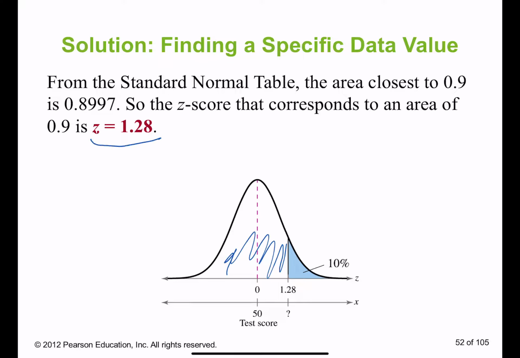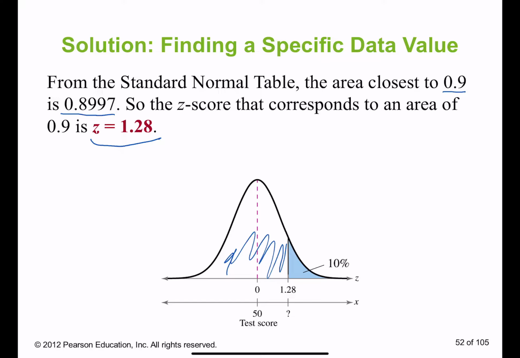1.28. Since I don't have a table with me now, but from what I see, there won't be precisely 0.9, but there will be the closest one, 0.8997, which means you don't split it between two values, because 8997 is very close, and the number next to it is not going to be that close.